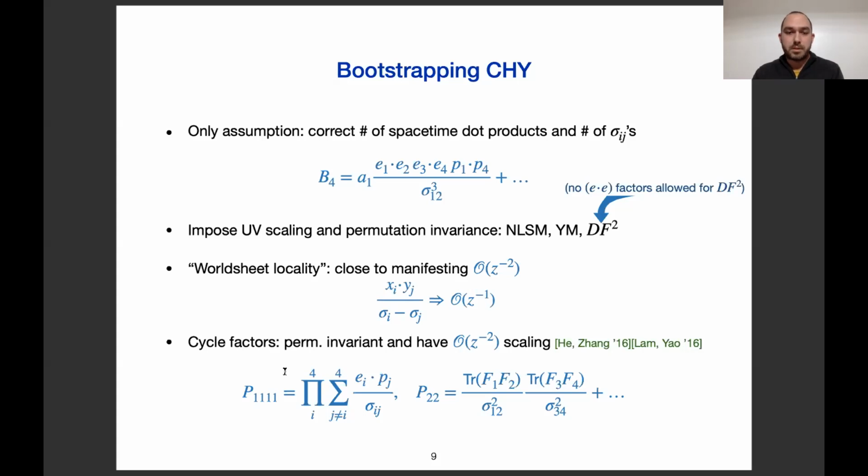And of course, this is DF squared theory. All of these other cycle factors have E.E products, so they're not the right amplitude. But they seem to be potentially useful building blocks for building things that have the right BCFW scaling. So that's a good thing to look at in the future.